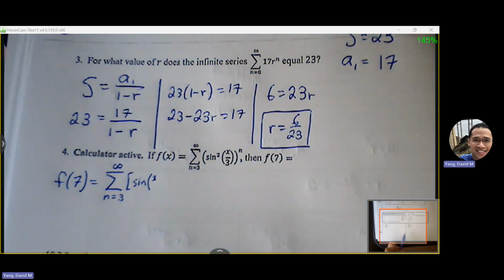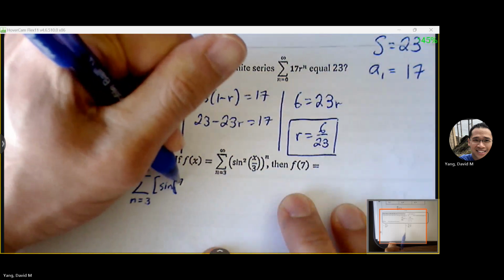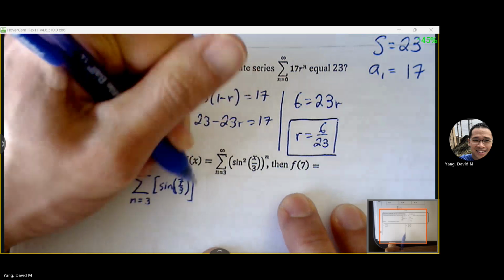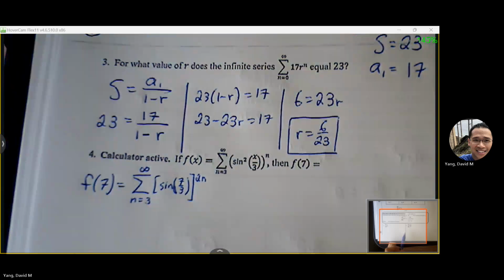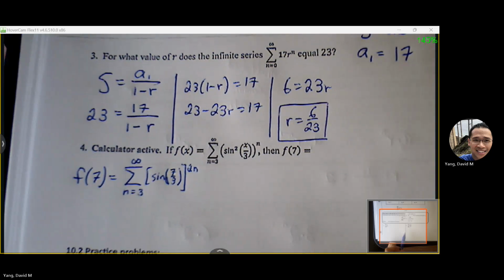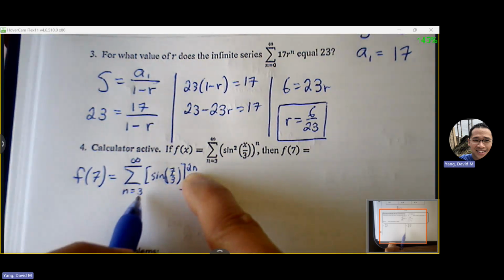Sorry, 7 over 3. All right, so we know that this is going to be a geometric series here. I can plug 3 in to get my a sub 1.